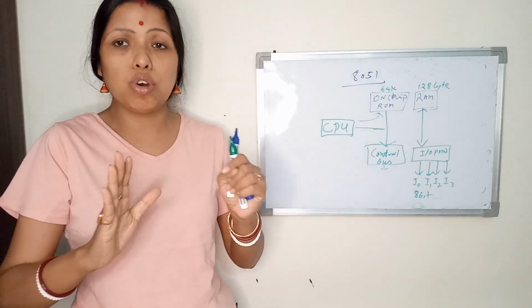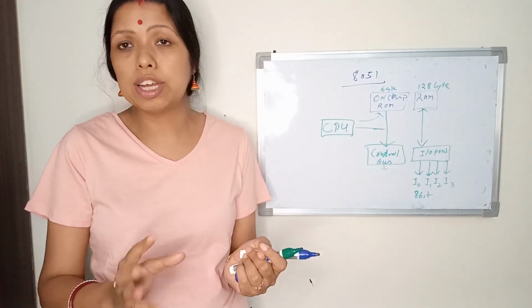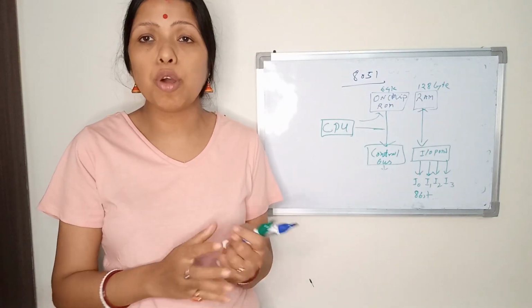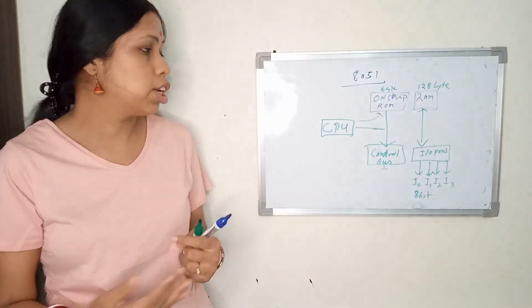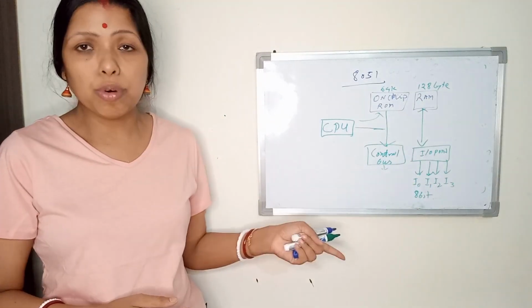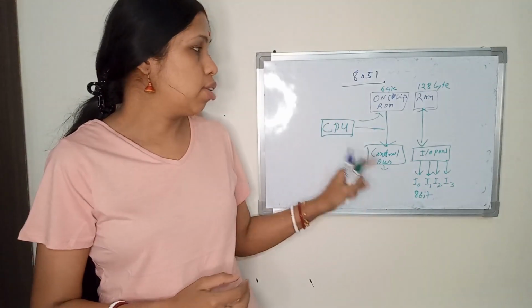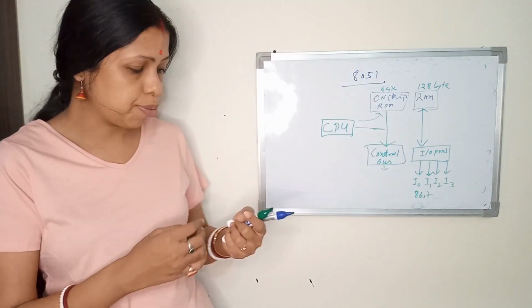The microcontroller is not the only part. If you want to design one application, you need to connect some other components along with the microcontroller for doing some operation. That's why you need to connect the device through the input output port. So one by one I'm going through the main parts, which is how you can remember the architecture.